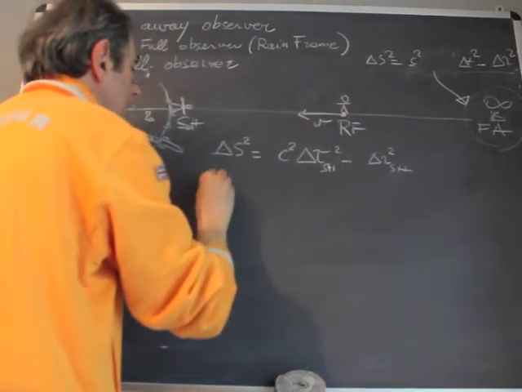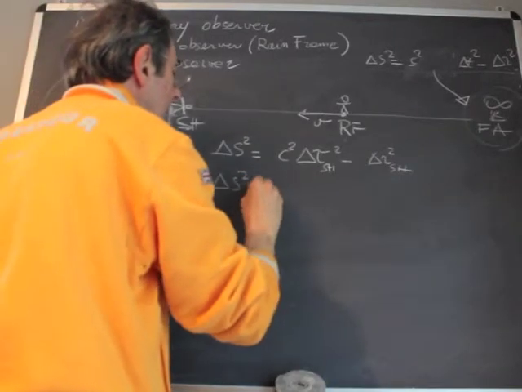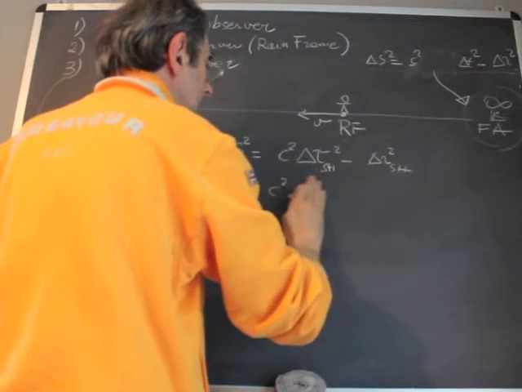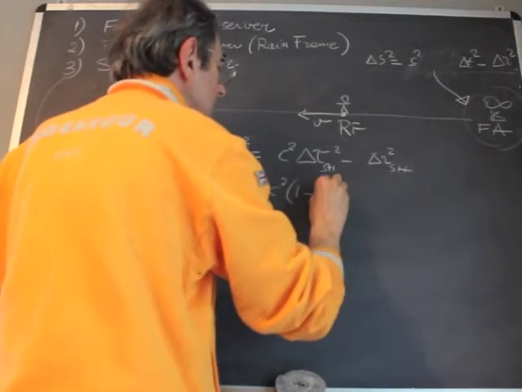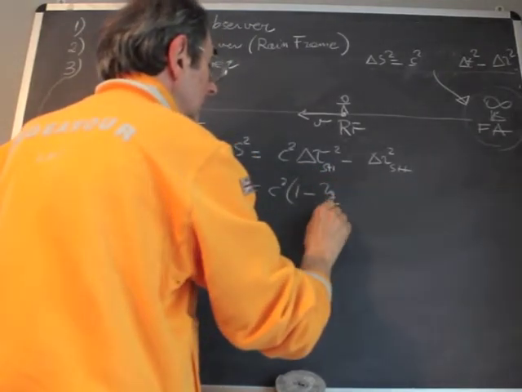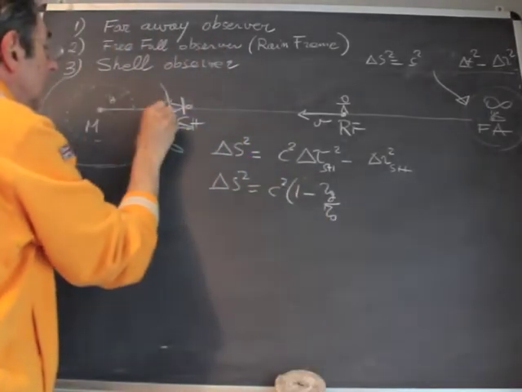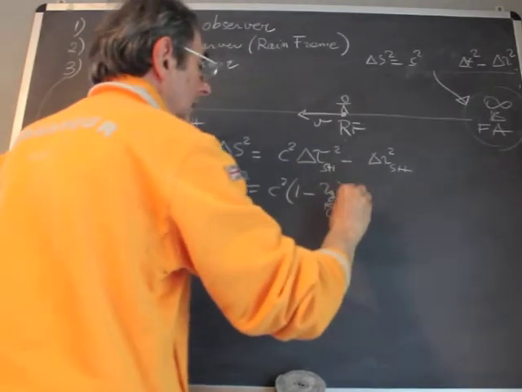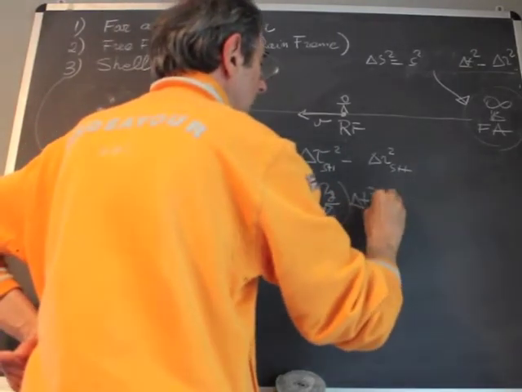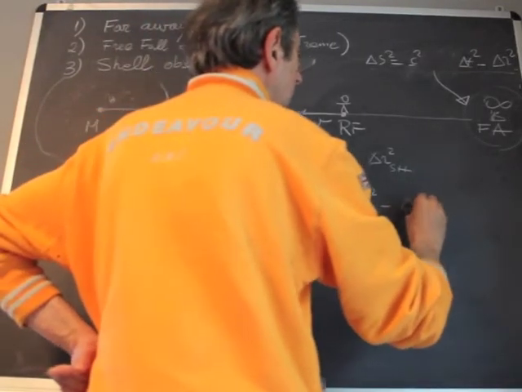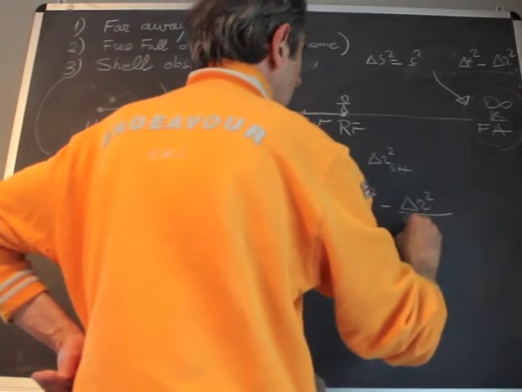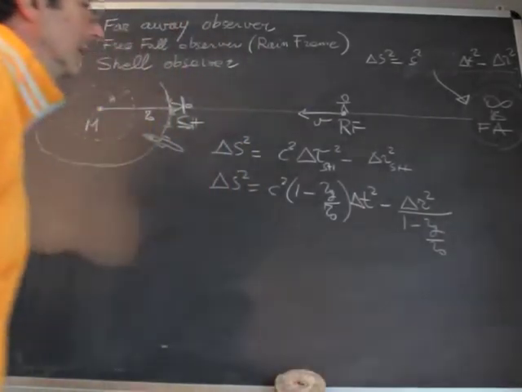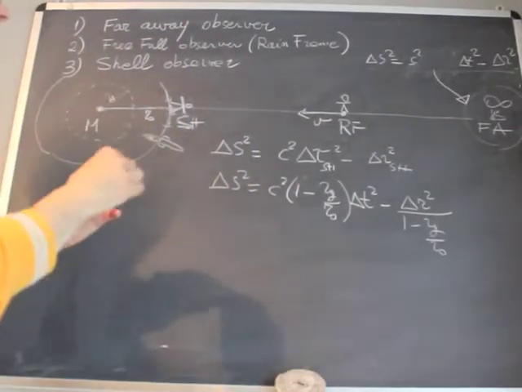His measurement is just delta S square equal to c square (1 minus Rg over R0) delta T square minus delta R square over (1 minus Rg over R0), where R0 is the distance of the shell from the center. Okay? But listen to me.